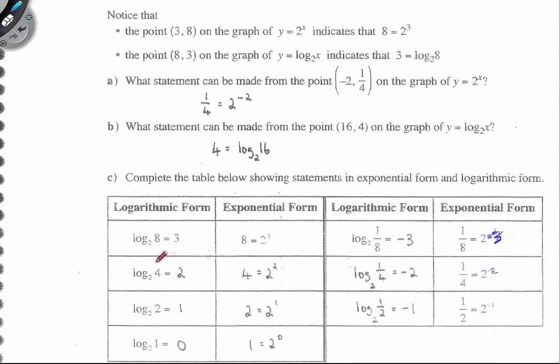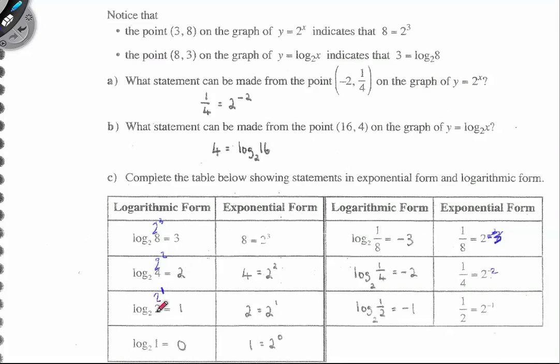We can actually write the 8 as 2 to the 3. So log of 2 to the 3 to the base 2 is 3. This 4 is really 2 to the 2. This 2 is 2 to the 1, and so on. So the exponent is actually giving the value of these. If we log 2 to the 3 with base 2, the value is 3. If the exponent's 2, the value is 2.